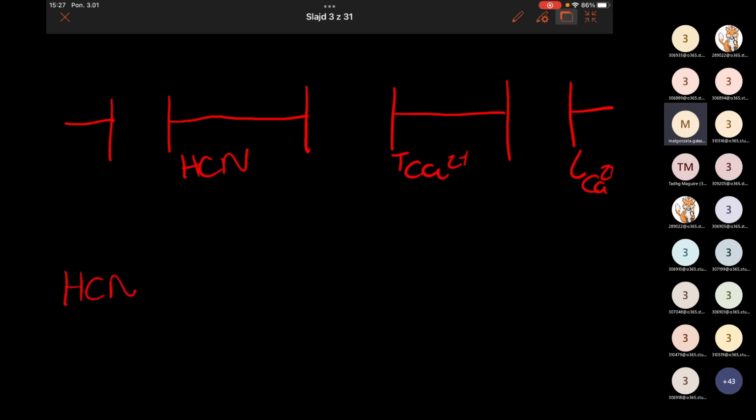HCN channels are also known as funny channels. Funny channels or HCN channels are sodium-potassium voltage-gated channels.